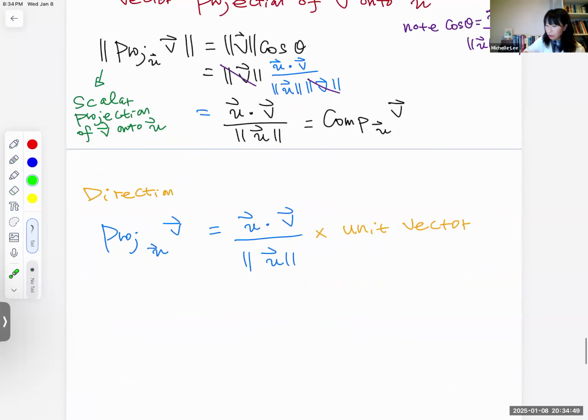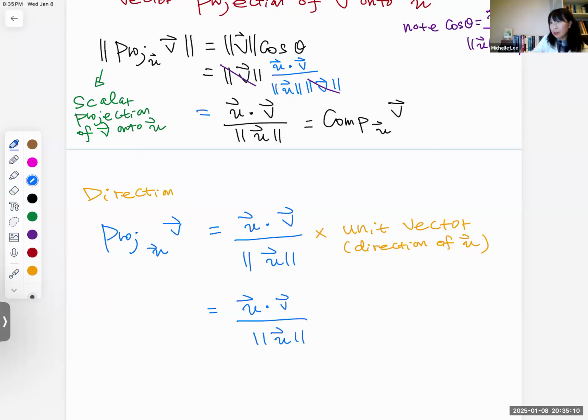So the unit vector we want to express as the direction of U. That will be 1 over the magnitude of U, and then U. That's the form of the unit vector.